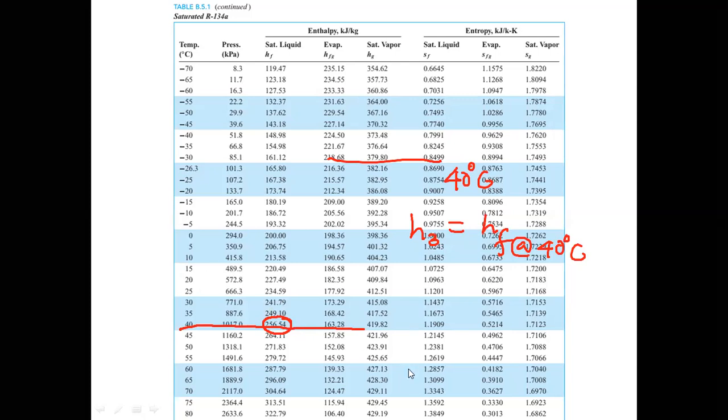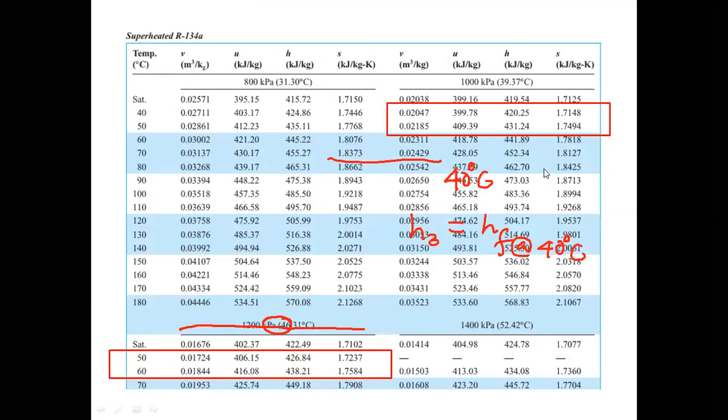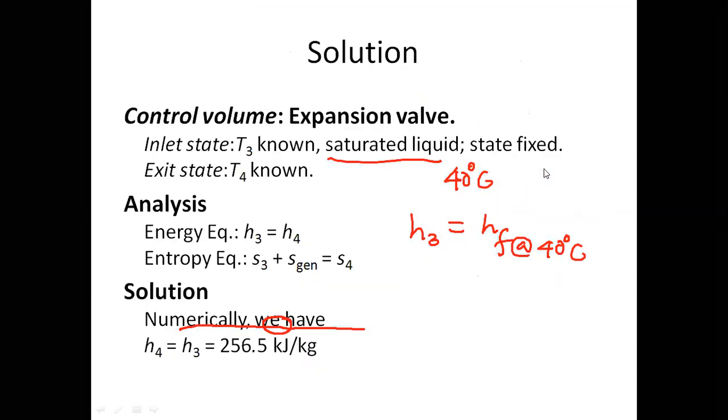You see 256.5 written. And H4 is H3, as the enthalpy values at the extreme points of a throttling process are the same. So H4 is also known.